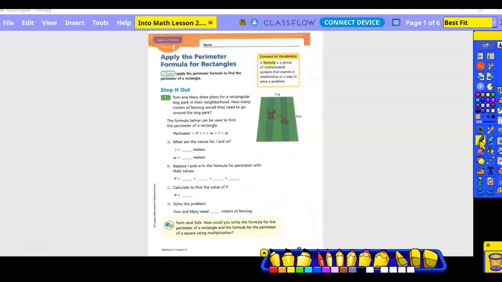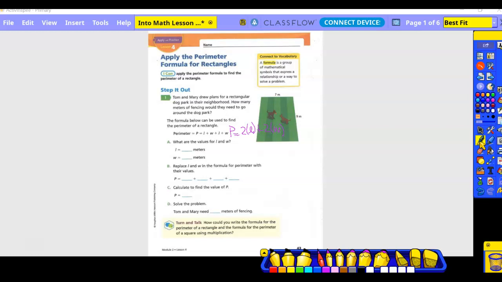So you can write it like this, or you can also write it like this. P equals 2L plus 2W. What do those parentheses mean when they're right by a number? Does anybody know what that means? It means multiplication.